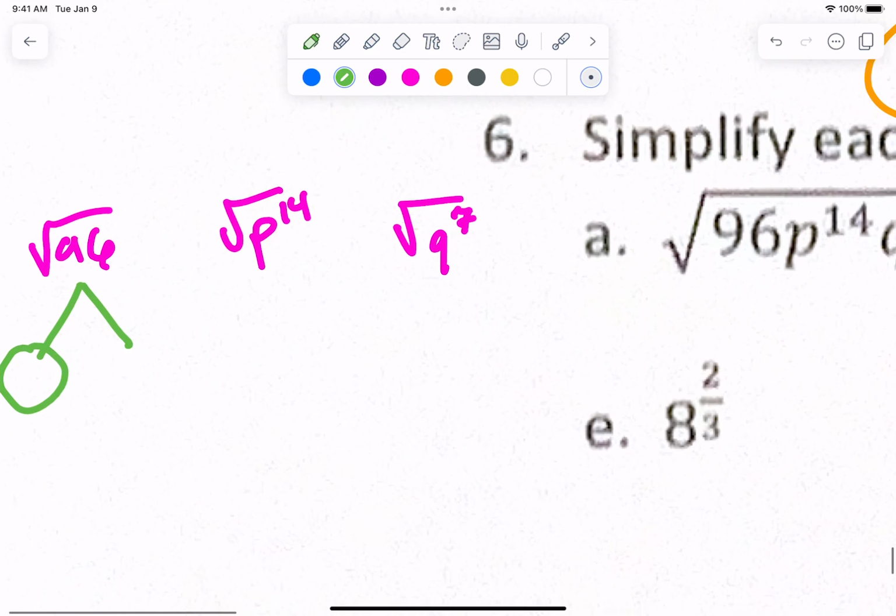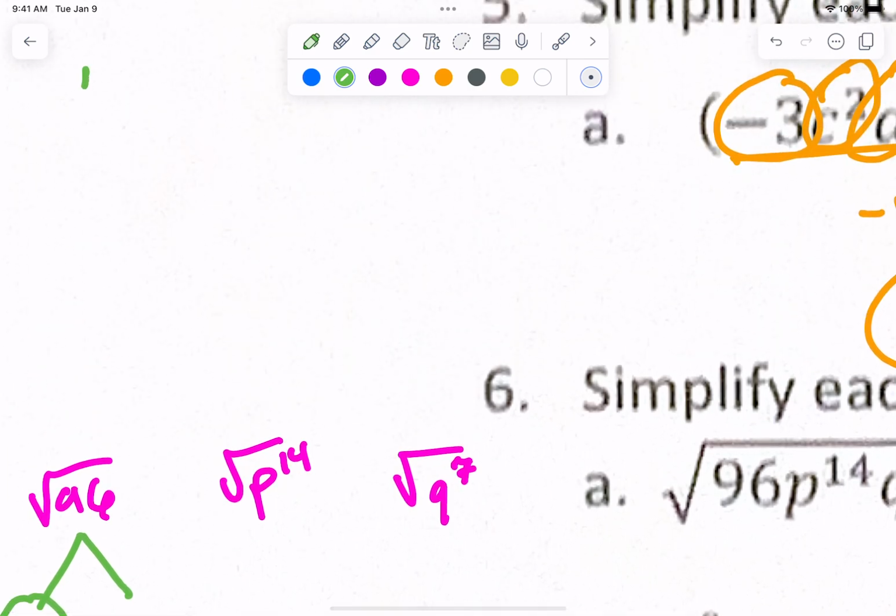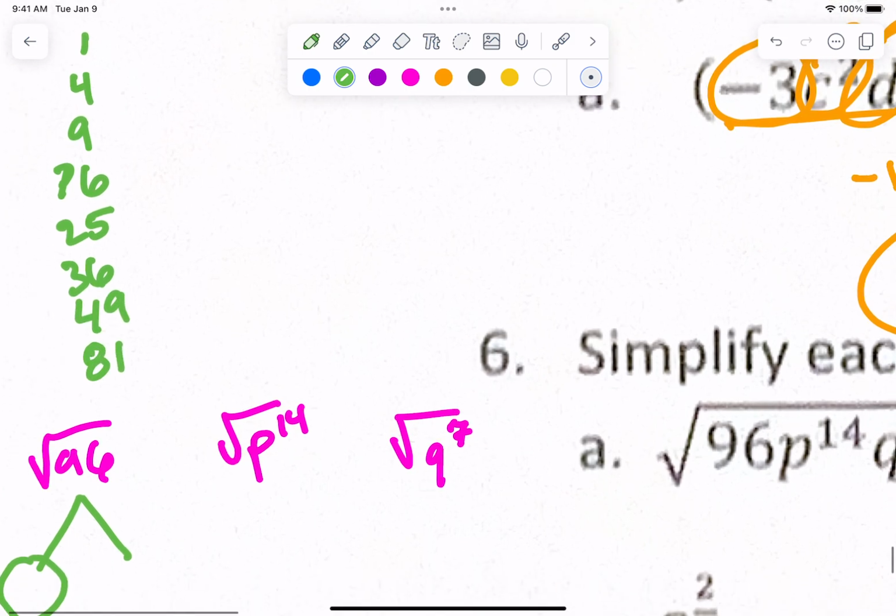96 is something. So 1 squared is 1, 2 squared is 4, 3 squared is 9, 4 squared is 16, then 25, then 36, then 49, then 81. Which one of those numbers goes into 96? The biggest one. 81 does not go into 96, evenly dividing.